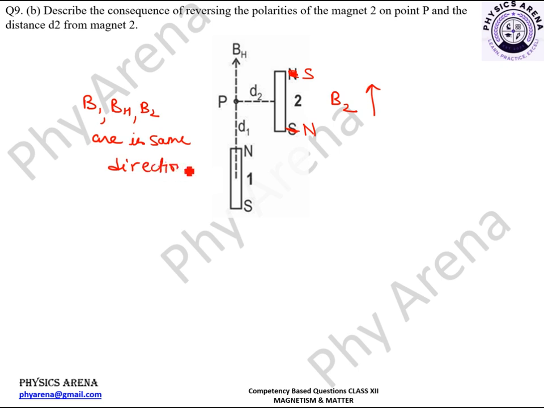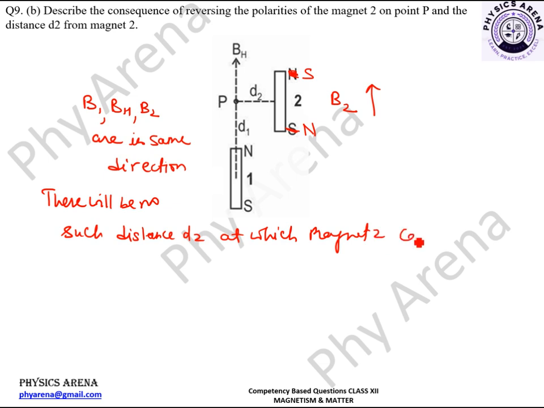And when it happens, there will be no such distance d2 at which magnet 2 can be placed in order to make the field 0 at P. So we cannot find any distance d2 when the polarities are reversed, because all the fields by magnet 1, magnet 2 and the horizontal component of Earth's magnetic field will all be acting in the same direction.